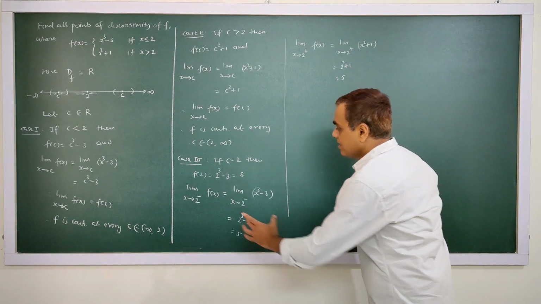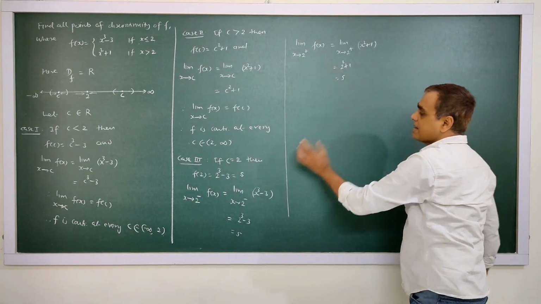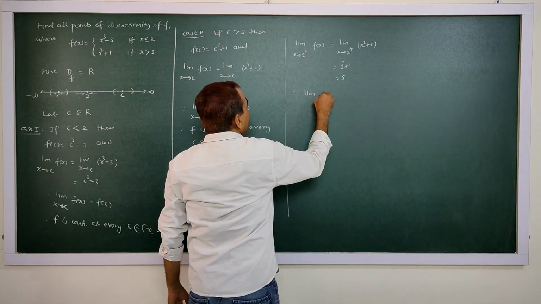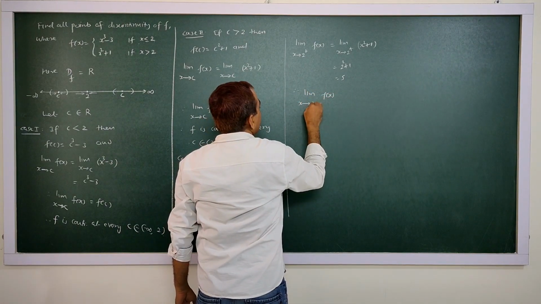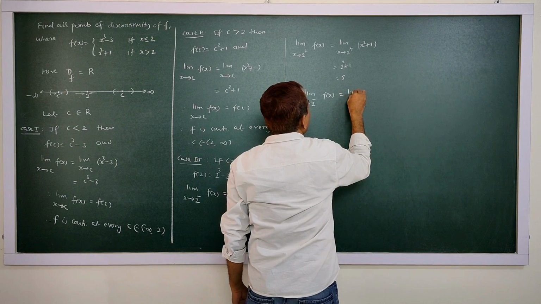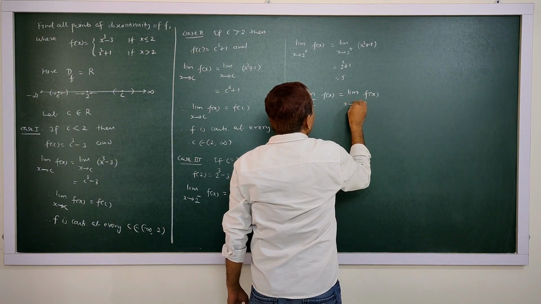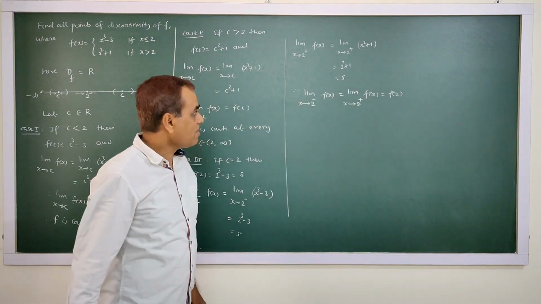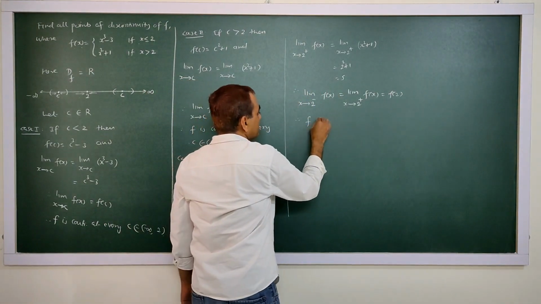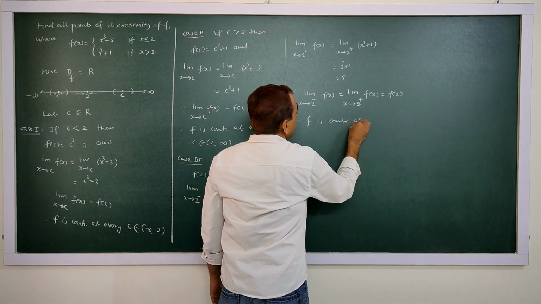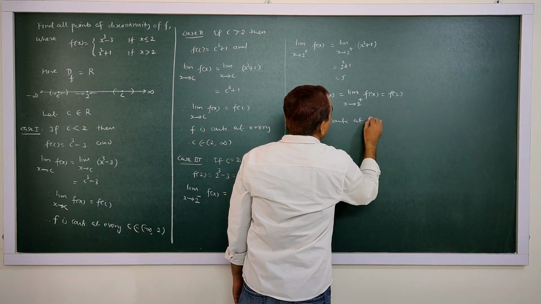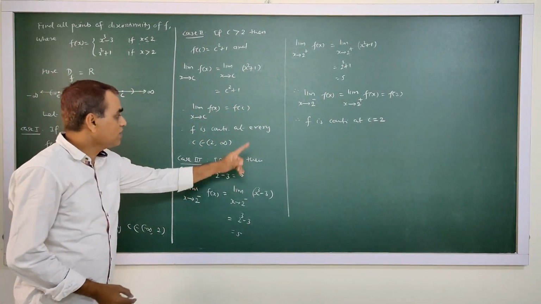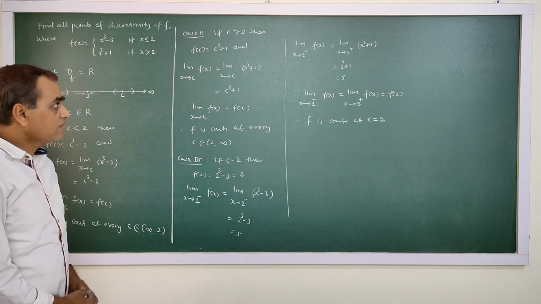So you can see that the left hand limit, right hand limit and f of 2 are equal. Therefore, the limit of f(x) as x tends to 2 from the left equals the limit of f(x) as x tends to 2 from the right side, equals f of 2. So the function is continuous at c equal to 2.